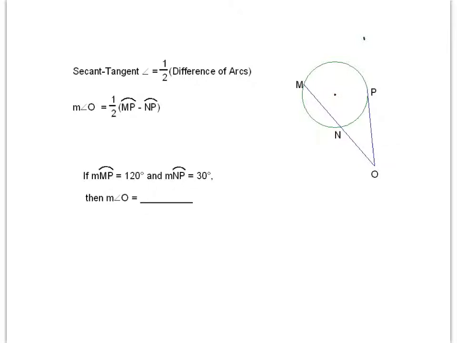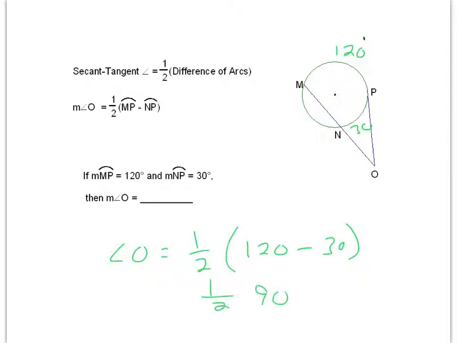Arc MP is 120. Arc NP is 30. So measure of angle O is equal to 1/2 the difference of my arcs, 120 minus 30. 120 minus 30 is 90. 1/2 of 90 is 45.